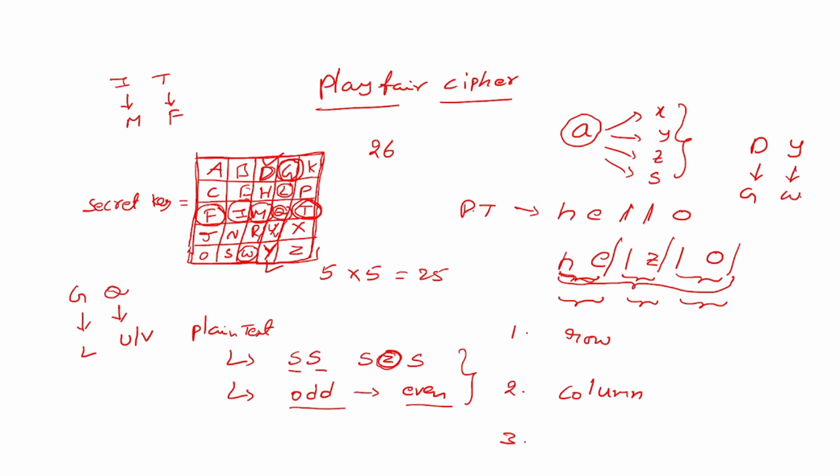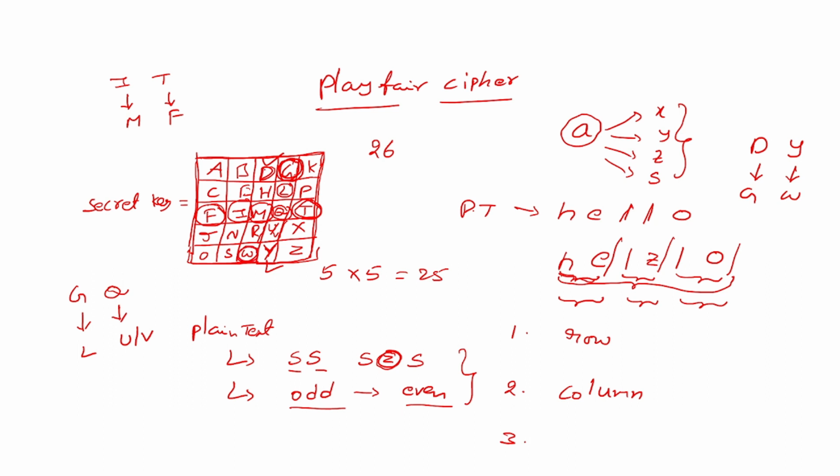I hope you understood. If the two characters in the pair are not in the same row or same column, then the corresponding encrypted character for each letter is at the intersection of its own row and the other character's column. For the cross section of the two characters, we will get two characters.